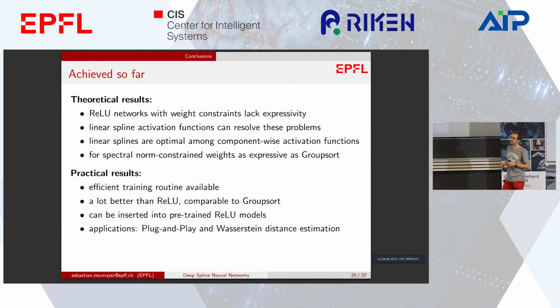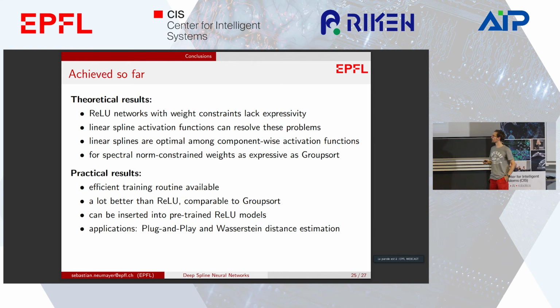Linear splines are optimal among component-wise activation functions, and there are also non-component-wise activation functions like group sort and Householder activations, and at least for spectral norm constrained weights, we are as expressive as these functions. But if you're interested in this non-component-wise setting, we can also discuss a bit later. It's way more involved and more tricky to actually compare activations there.